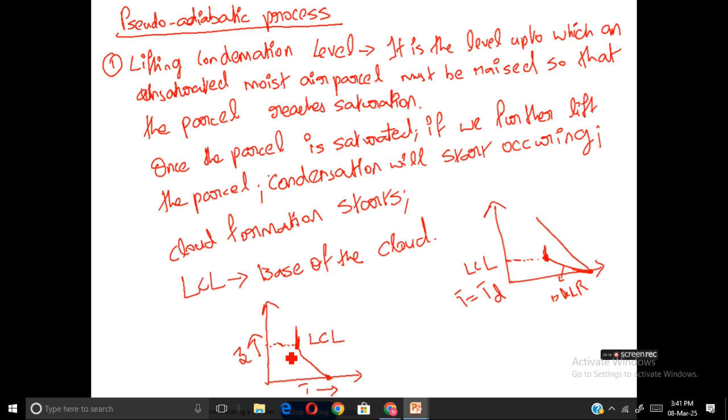Now since condensation starts occurring, condensation basically means whatever water vapor is present in the parcel is condensing and water is formed. So latent heat of condensation will be released. During the conversion of vapor to water, there will be release of latent heat.